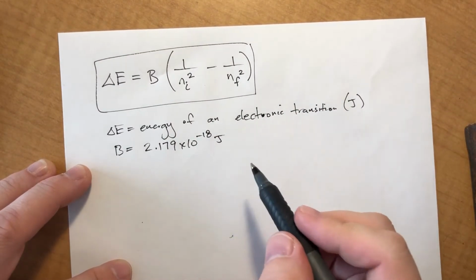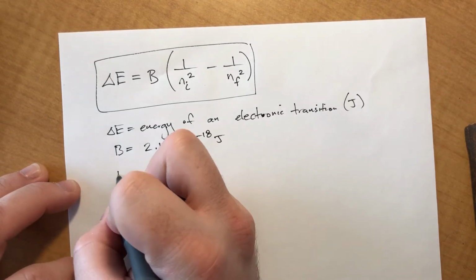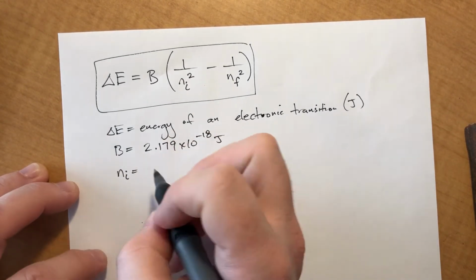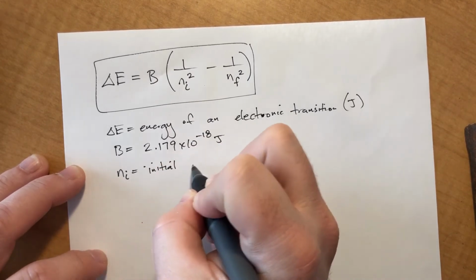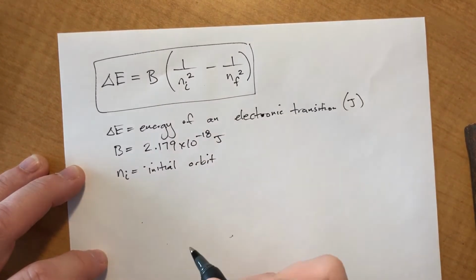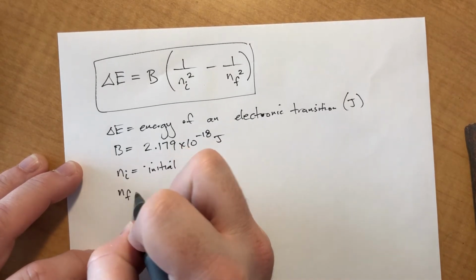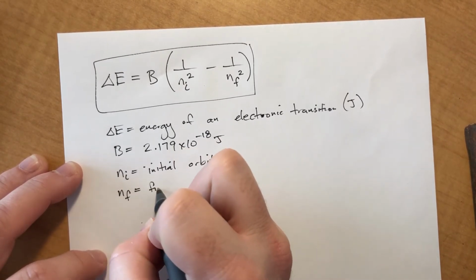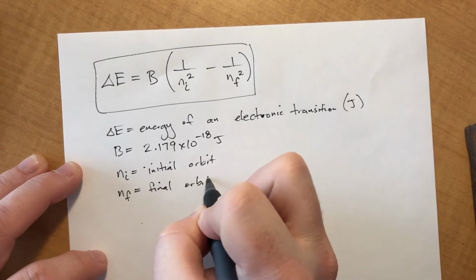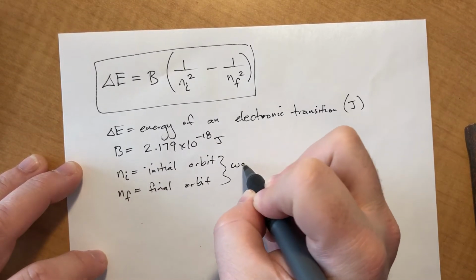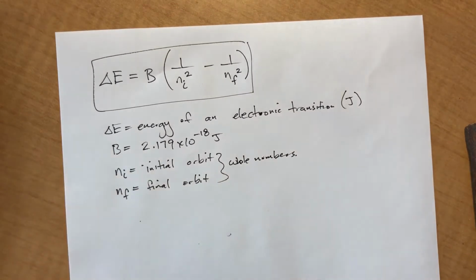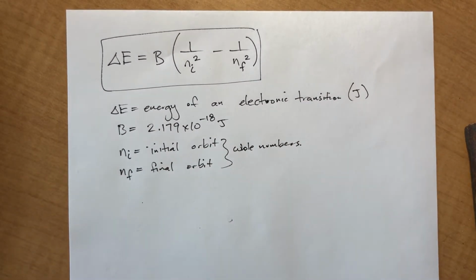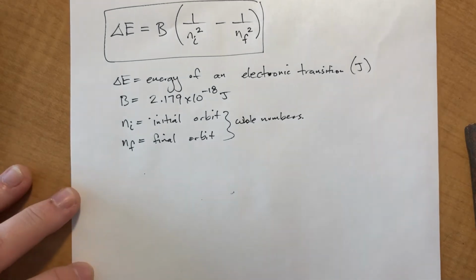Very, very small number. And n initial, or ni, is the initial orbit. It's just going to be a nice whole number. And n final is the final orbit. These are going to be whole numbers. So let's try an example, and just see how to apply this.